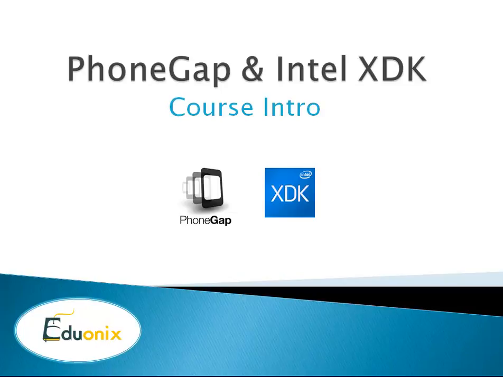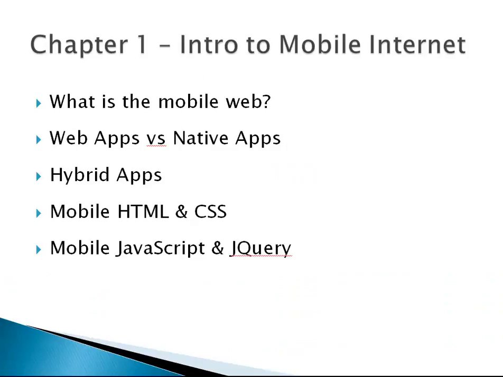This course will be all about mobile web app development using web standards like HTML5, JavaScript, and CSS3. In Chapter 1, we'll basically discuss the mobile internet in general, including what a web app is, what a native app is, and the difference.